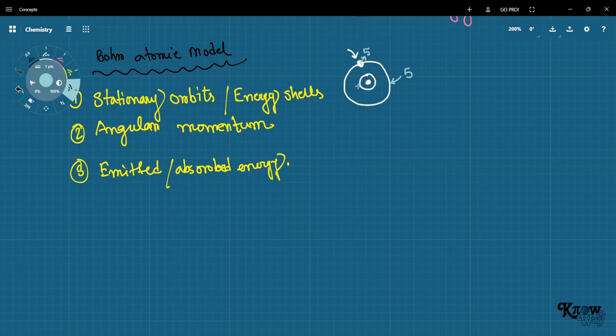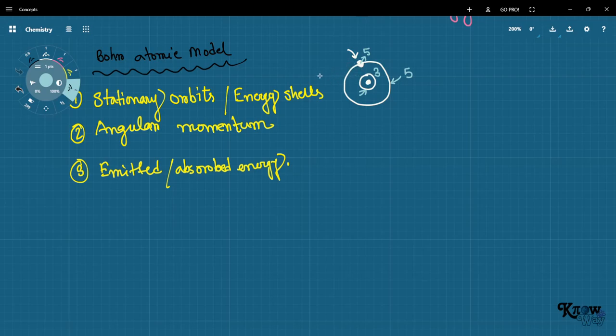And let's say in the inner orbit, the required energy is 3. This electron doesn't have the energy of 3, it has the energy of 5, so it cannot go to any orbit other than its own at this point.